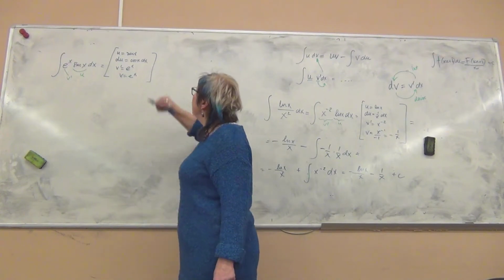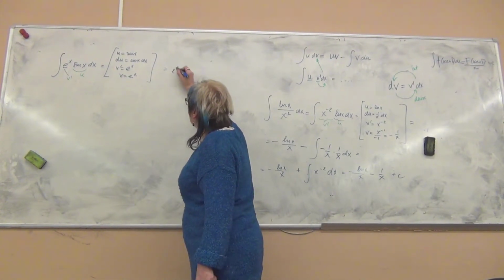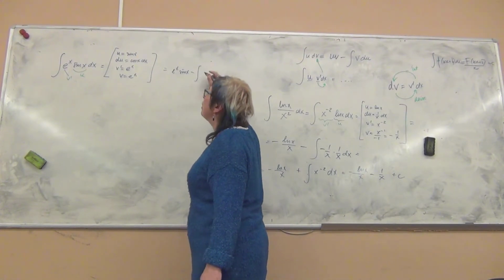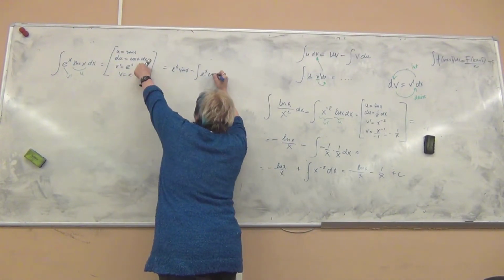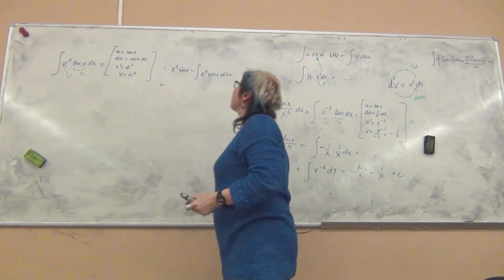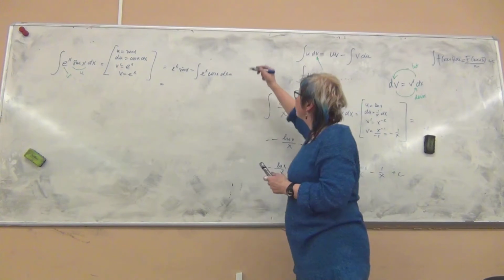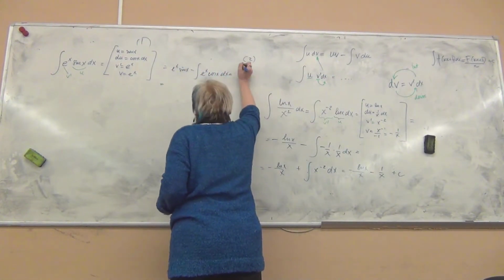Fortunately, simple. And now uv, so it's e to the power x times sine x minus integral v du, e to the power x cosine x dx. Now we do the same again. So this was the first time, and this is the second time that we do this.